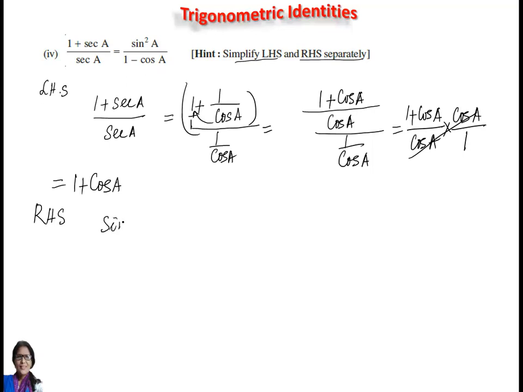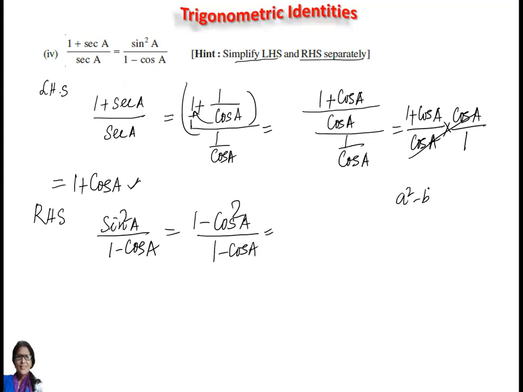Now coming to RHS, because it cannot be further simplified. RHS is sin square A by 1 minus cos A. We are getting all cos A on the left hand side. So I'll change this sin square A. How to change? It is 1 minus cos square A. What is the factor of 1 minus cos square A? Same concept, a square minus b square is (a plus b) into (a minus b).